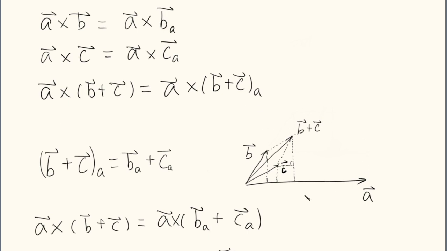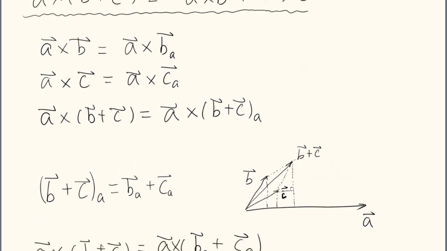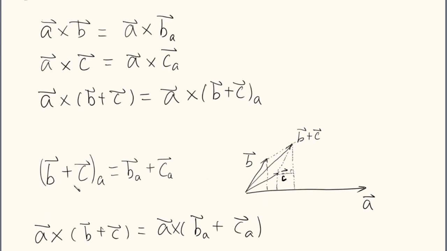This is the proof of B plus C sub A. So vector A cross vector B plus vector C sub A equals vector B sub A plus vector C sub A. Okay, this is the geometrical proof.